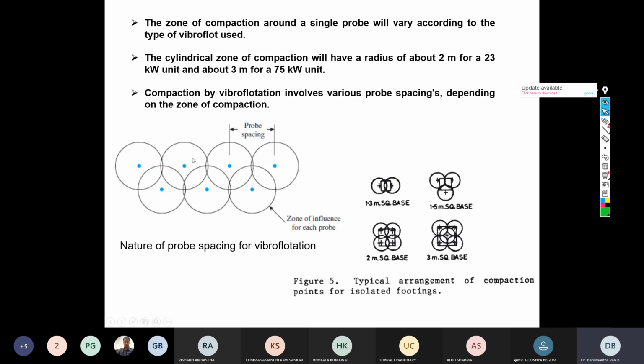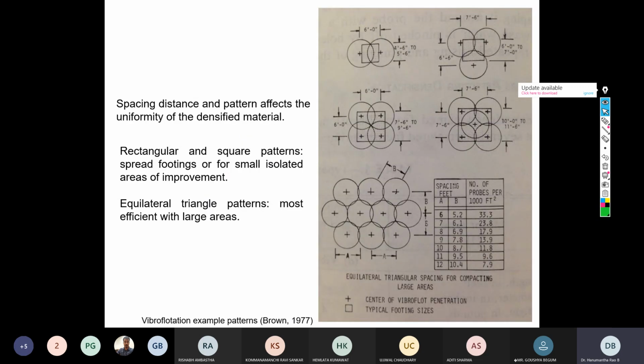This simple schematic explains how to ascertain that there was no soil which was unattempted or unimproved. This is the probe spacing between centers, and this outer circle indicates the zone of influence. These are further details different people have suggested based on their field experience about different configurations or patterns.